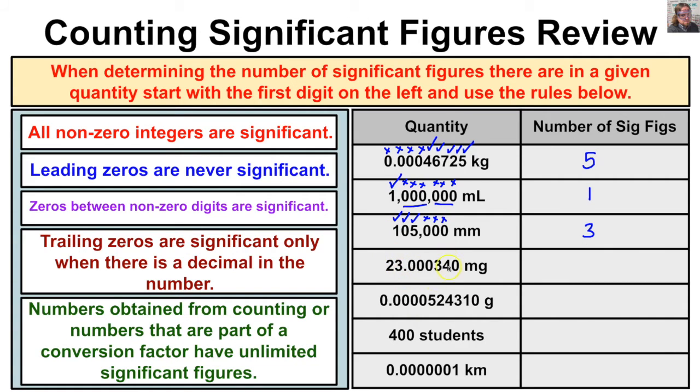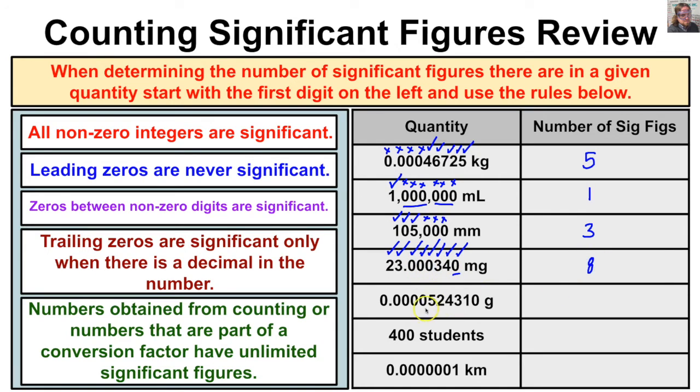If we take a look at this number and start all the way on the left, the 2 is significant, the 3 is significant, the captive zeros are significant, the 3 is significant, the 4 is significant, and this trailing 0 is significant because there's a decimal in the number. Counting these up, we have 1, 2, 3, 4, 5, 6, 7, 8 significant figures.